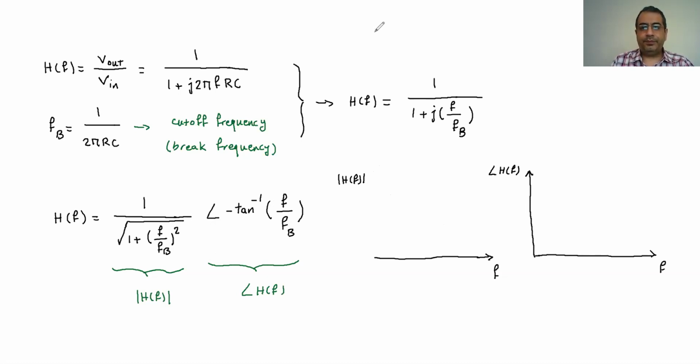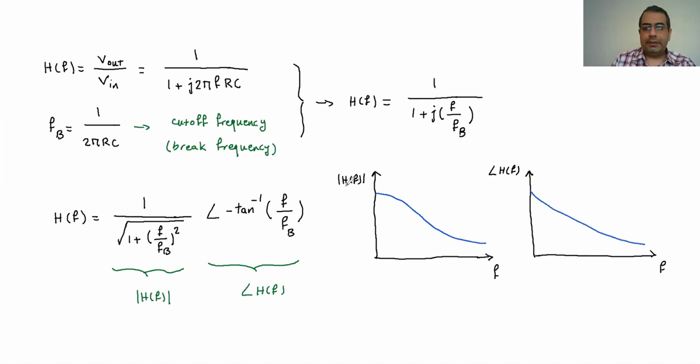So if I plot these two and see what I'm going to get. If I start from here, the magnitude is going to look something like this. And for the angle, it's going to look something like this.